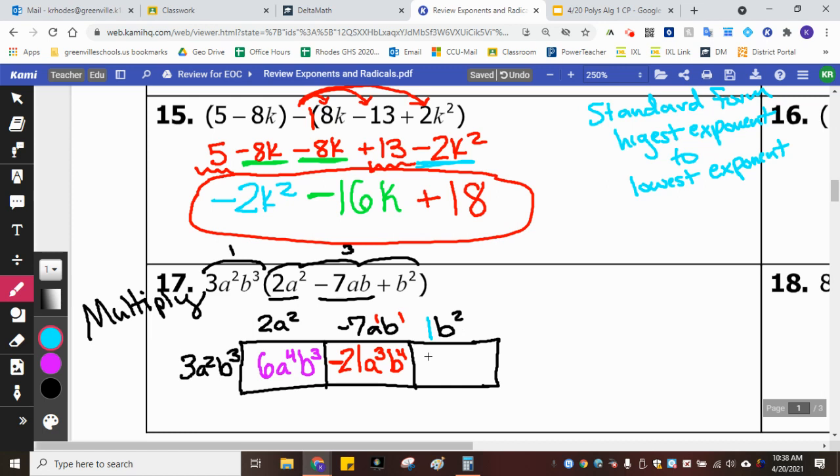So 3 times 1, 3. A squared, no a's. It's just a squared. B, 3 b's here, 2 b's here.